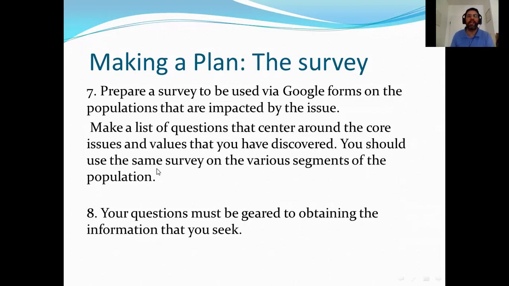You should use the same survey on the various segments of the population. This is the tricky part. You need to use the same survey if you're trying to survey Dati Leumi, Haredi, secular, and traditional Jews. Of course, the first question will be, are you Haredi, Haredi Litai, Haredi Moderni?